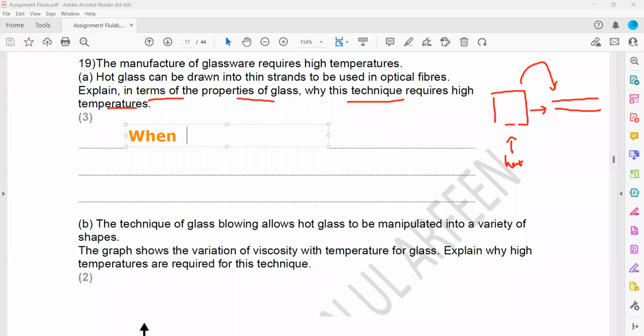When we increase the temperature, viscosity means the property of a fluid to resist the flow. When a fluid cannot flow easily, that property of a fluid which does not allow it to flow easily, we call that viscosity.